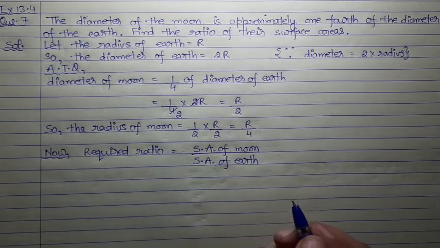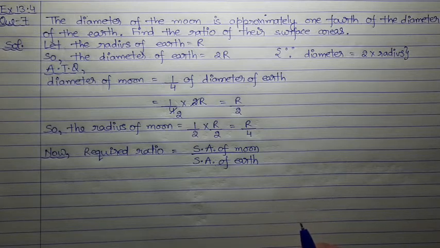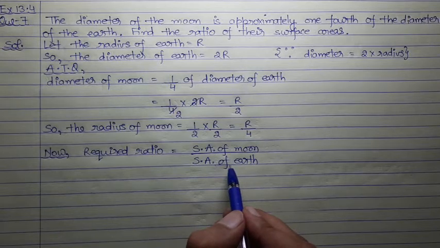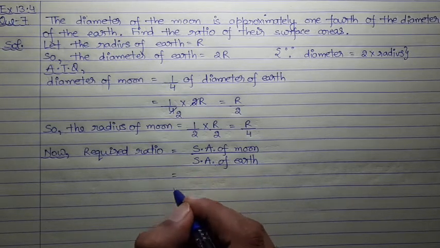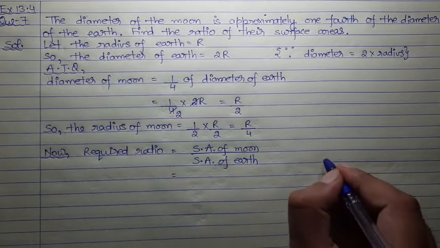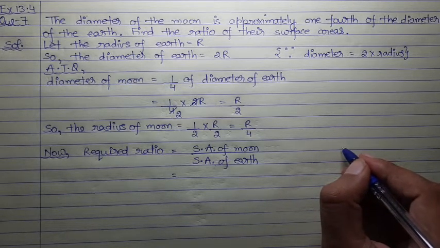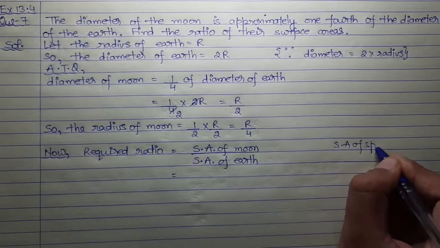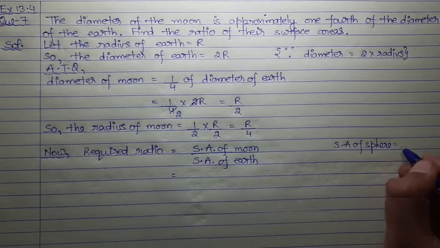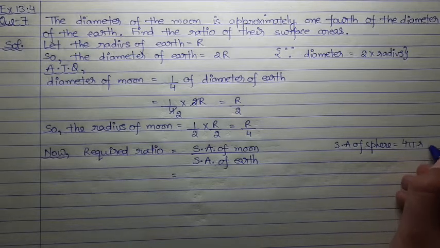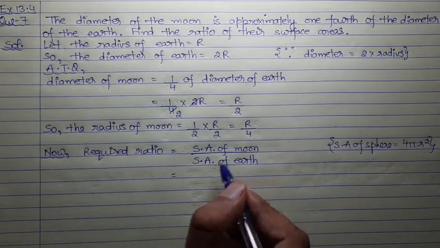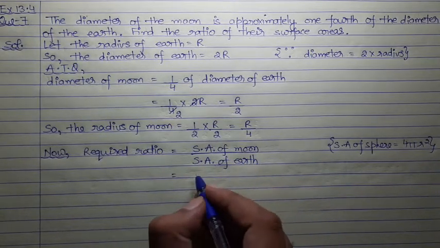Here we use the surface area of a sphere to find the surface area of moon and surface area of earth. We know that surface area of sphere is equal to 4 pi r square. Now using this formula to find the value of surface area of moon and surface area of earth.